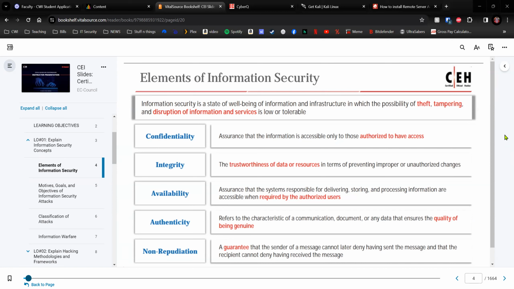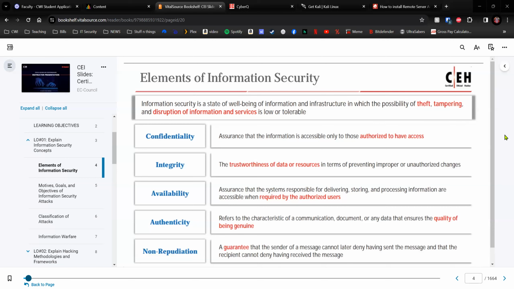Confidentiality: assurance that the information is accessible only to those authorized to have access. Integrity: the trustworthiness of data or resources in terms of preventing improper or unauthorized changes. Availability: assurance that the systems responsible for delivering, storing, and processing information are accessible when required by authorized users.